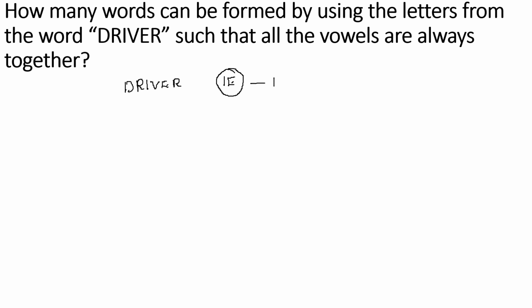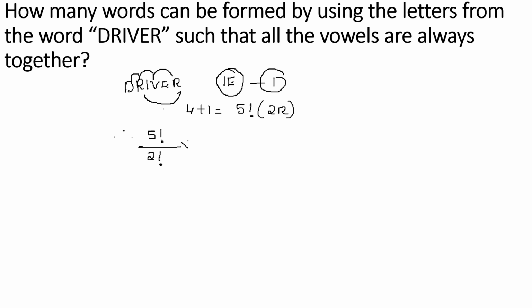So total number of words in that case will be, we have D, R, V, R. So we have four consonants with one vowel. So we have 4 plus 1, that is 5 units. So it is 5 factorial. So therefore, total number of words will be 5 factorial divided by 2 factorial, because we have 2 R's here.